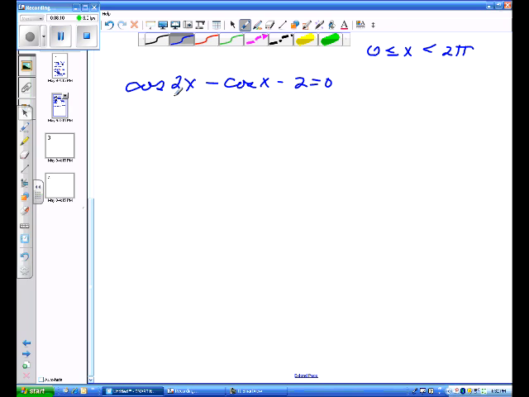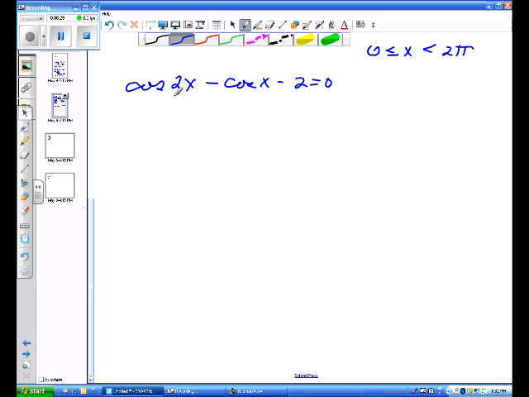So we're going to substitute in for the cosine of 2x. And we know that for the cosine of 2x, we have three different identities: cosine squared x minus sine squared x, 2 cosine squared x minus 1, and 1 minus 2 sine squared x.